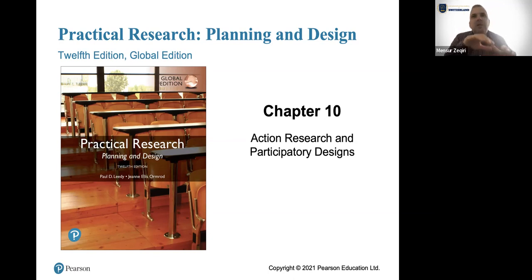We'll also try to describe the characteristics and purposes of a number of designs of action research. We have teacher research, design-based research, participatory action research, and then community-based research.